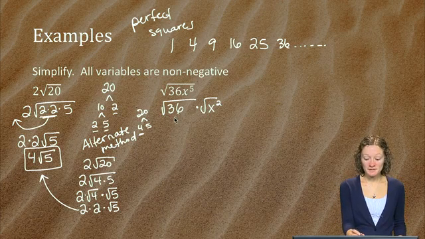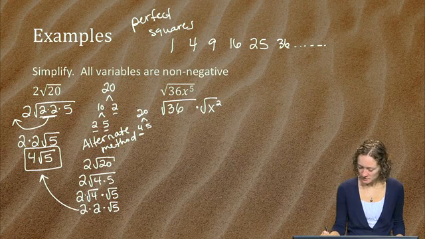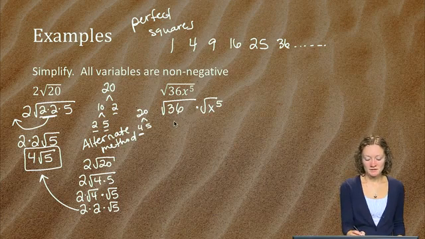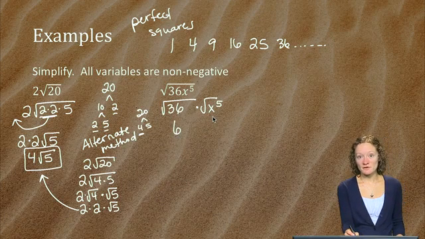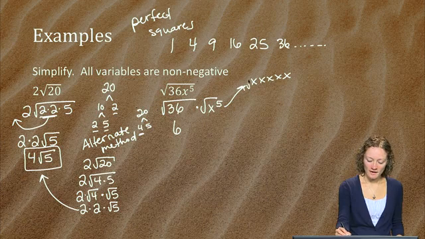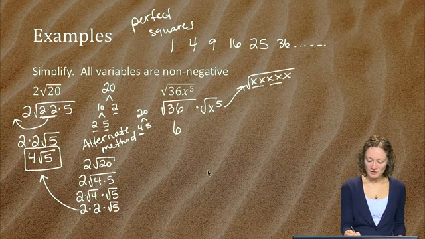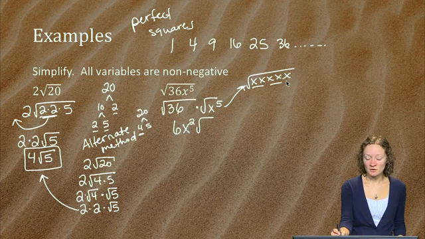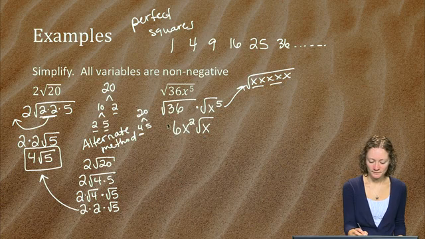So we have square root of 36, x to the 5th. The square root of 36, which is a perfect square, is 6. And then the square root of x to the 5th. Remember, with x to the 5th, we have 1, 2, 3, 4, 5 x's. We're looking for pairs. There are 2 pairs, so 2 x's come out, and then there's a single x left inside.